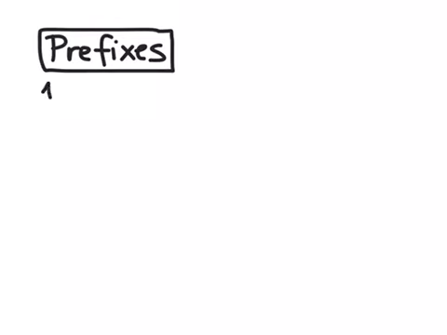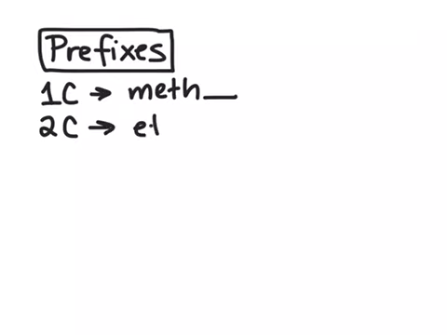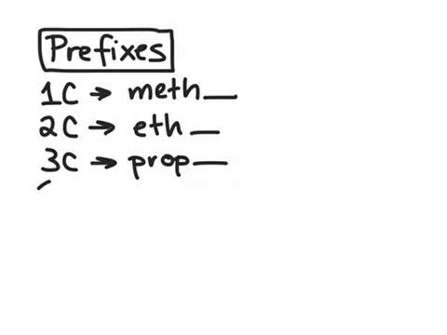So when we have one carbon in our chain, our prefix is meth, and then there'll be some sort of suffix. If our chain is 2 carbons, eth, 3 carbons, prop, 4 carbons is but, 5 carbons is pent.